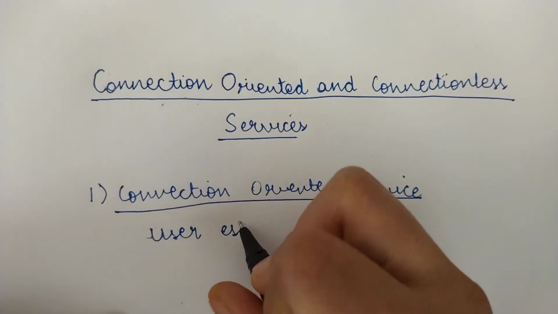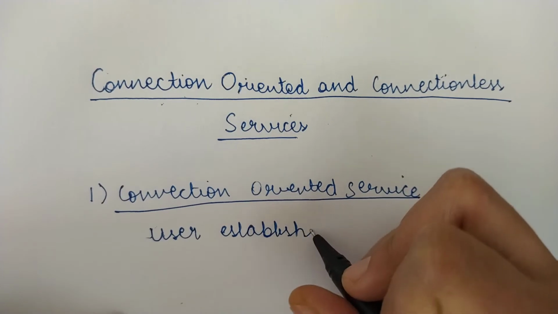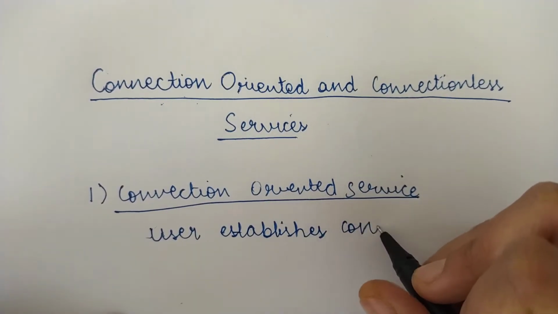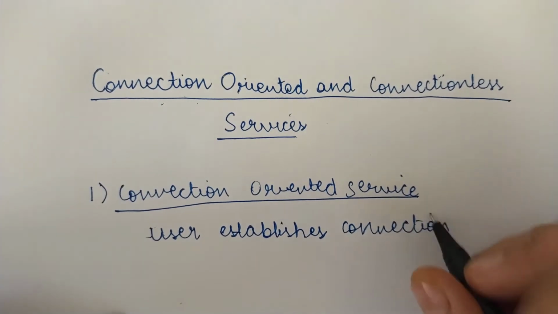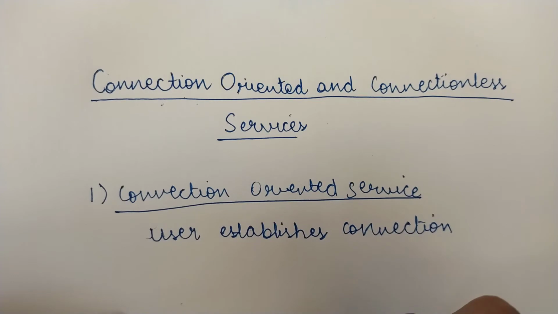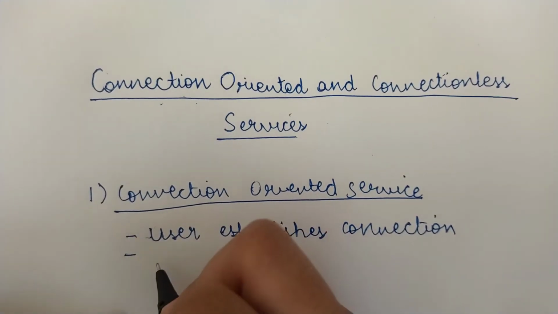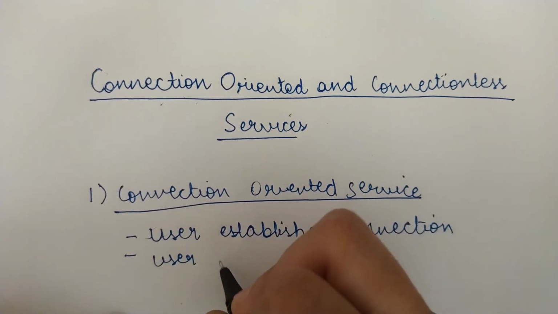The user first of all establishes the connection. In any connection oriented service, first of all you need to establish a connection. Then the user uses the connection. Obviously when you have established the connection, the next step is to use it.